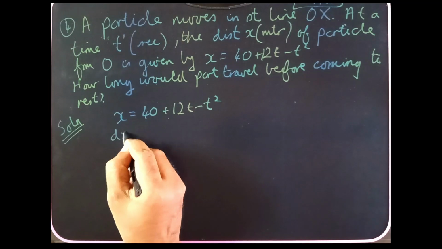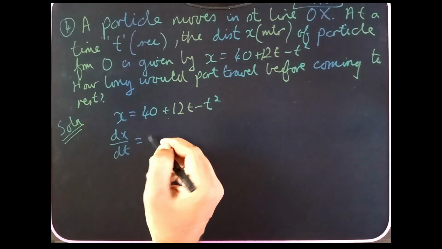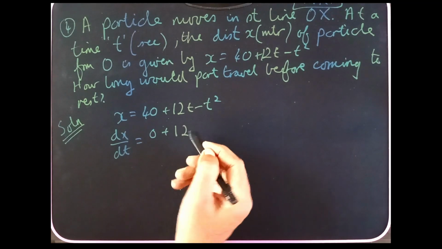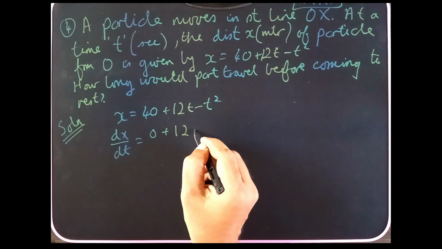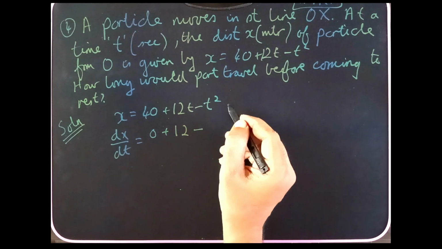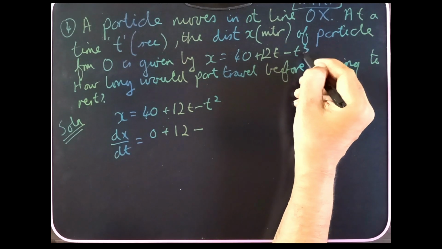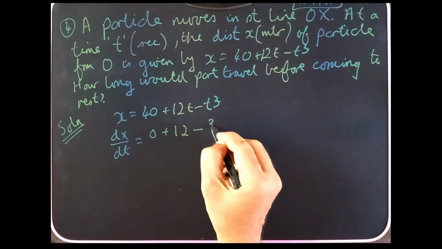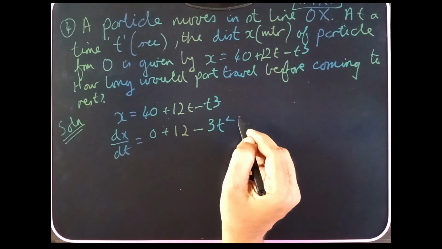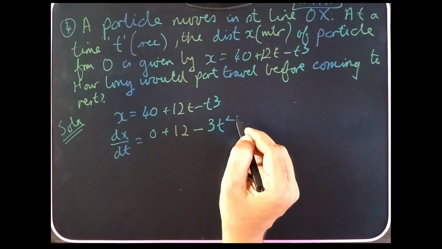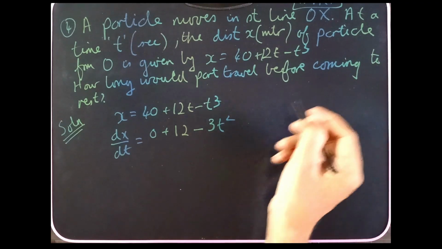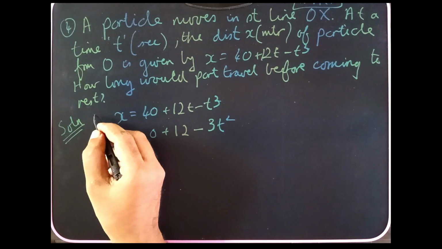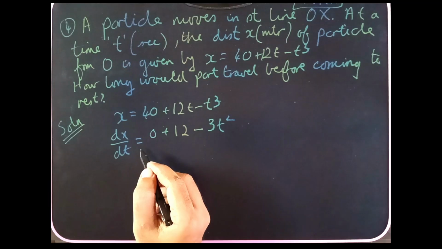Velocity can be given as the small change: 0 plus 12 minus 3t square, right? Because we want to find out that particular instant when it comes to rest.